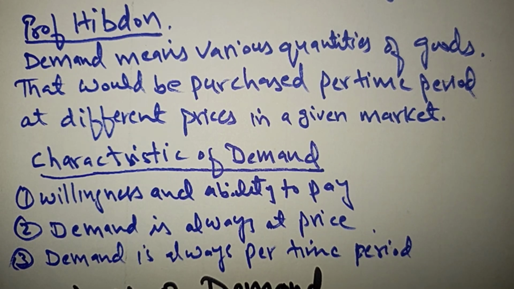For example, when milk is selling at the rate of 200 rupees per liter, the demand of a buyer for milk is 5 liters a day.